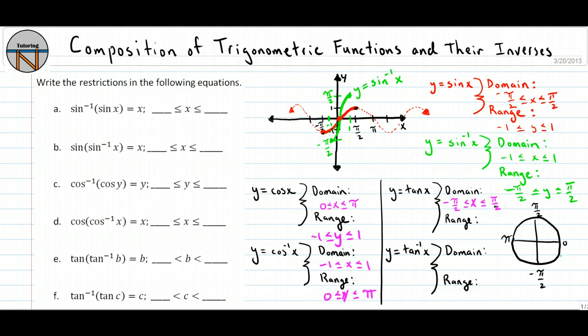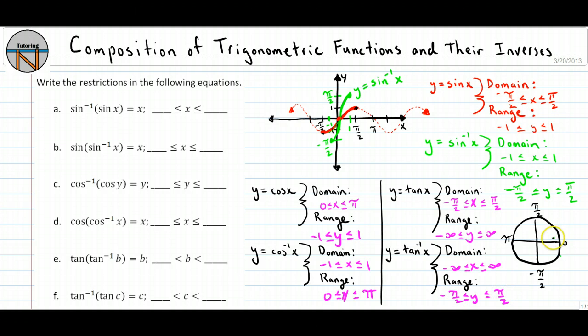The range of that, if you remember, as it approaches the asymptotes from the left and from the right, we're going to head towards negative infinity and also positive infinity. All right, so when we switch these around, the domain for the inverse of tangent would be negative infinity to infinity, and its range would span from negative pi over 2 to positive pi over 2.